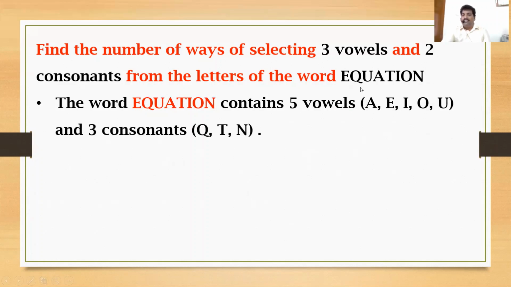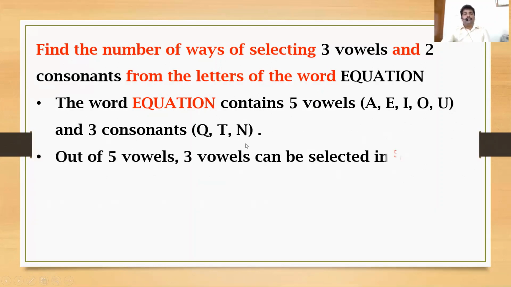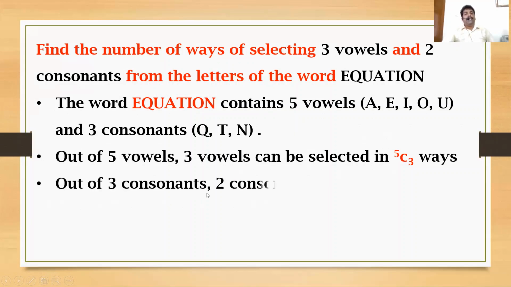And how many consonants are there? 3 consonants: Q, T, and N. So now our question is, out of these 5 vowels, how many vowels do we have to select? 3 vowels. That can be done in 5C3 ways. Now, out of 3 consonants, how many consonants do you have to select? 2 consonants. So that is 3C2 ways.